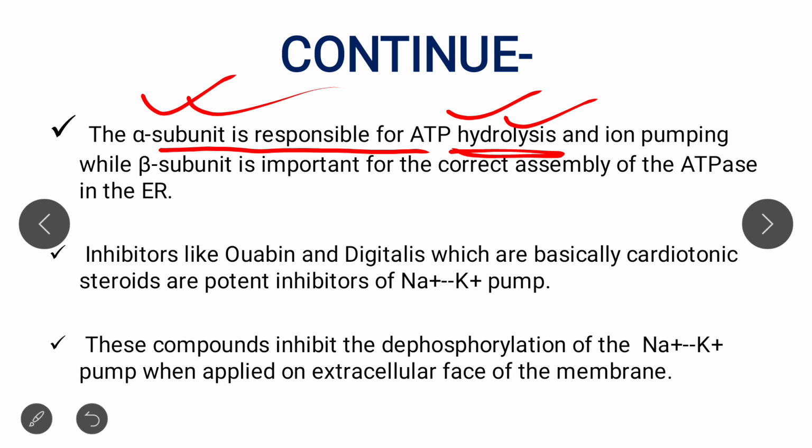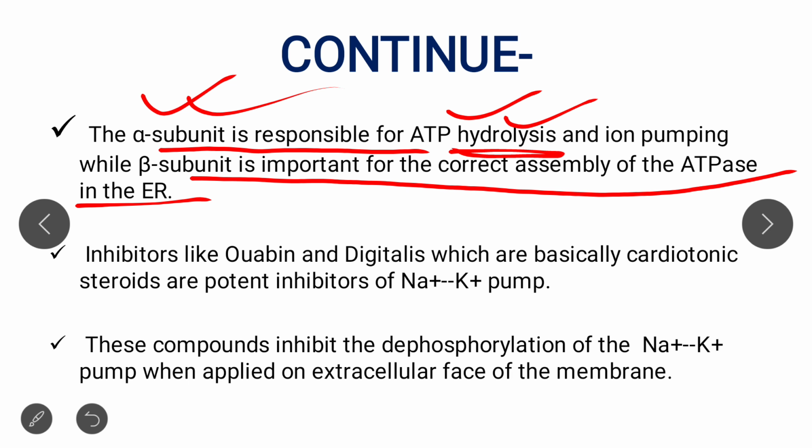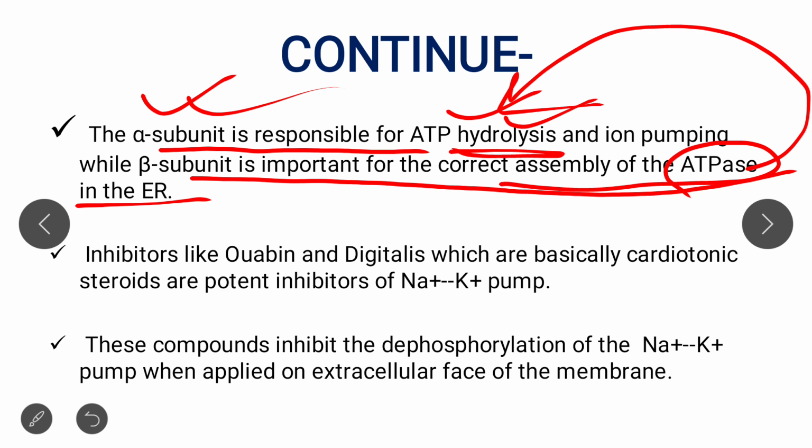Clear? And the beta subunit is important for correct assembly of the ATPase in the ER, so that this ATPase can break down the ATP. The ATP is broken down by the alpha subunit, while the beta subunit assembles the ATPase protein in the ER.